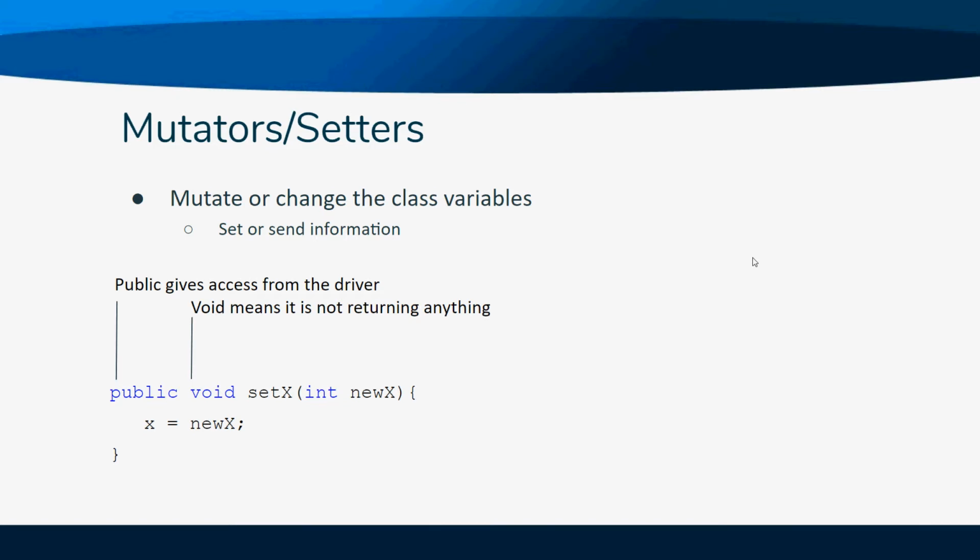Usually setters are type void. They're not returning a value, they're just sending information from our driver to our class. Then you can name them anything you want, something descriptive, camel case please. Usually on a setter you use the keyword set and then the variable that it's going to be setting.